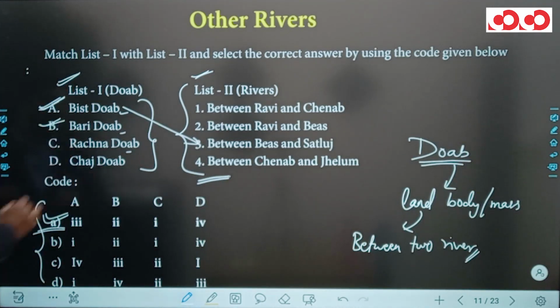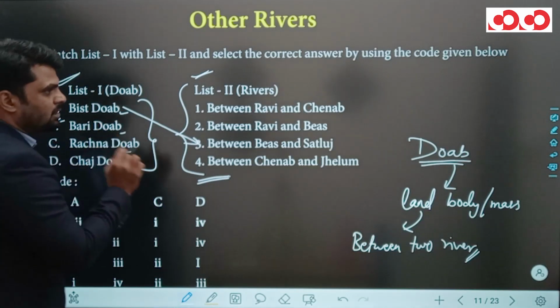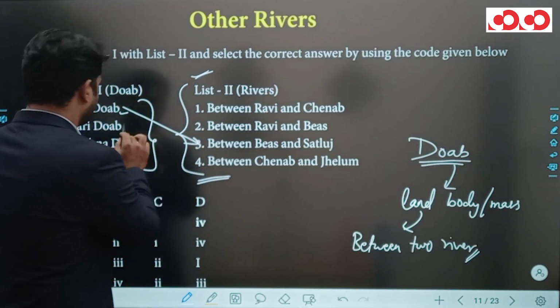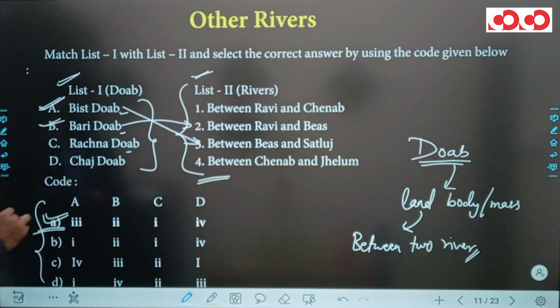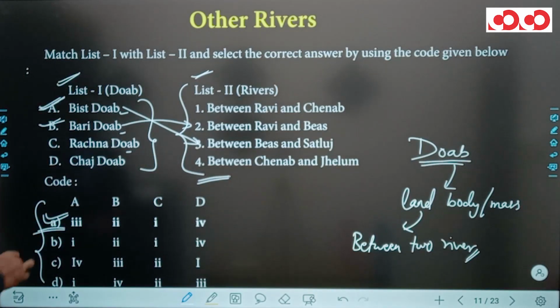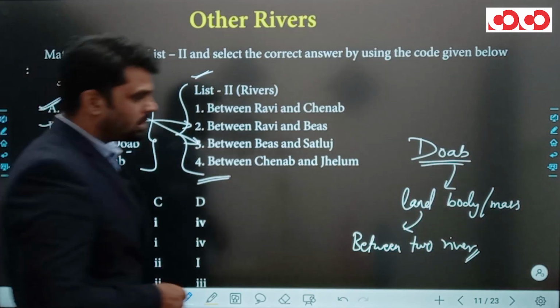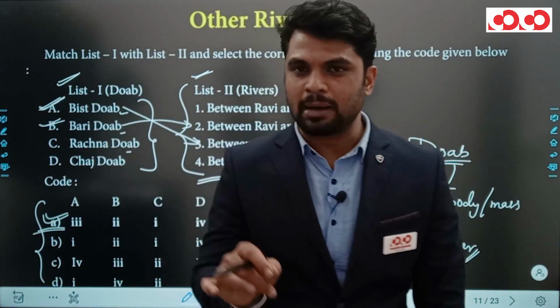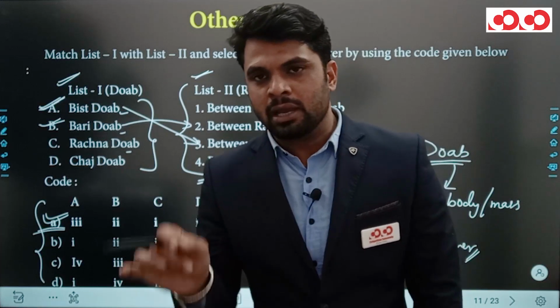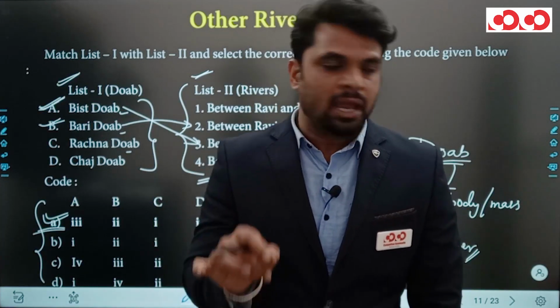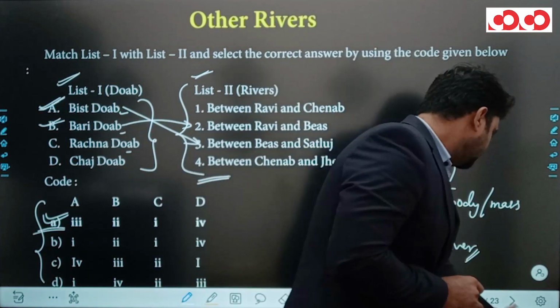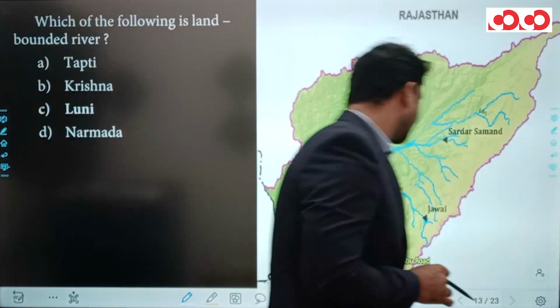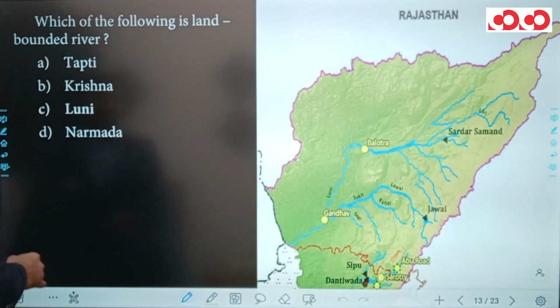For Bari Doab, Beas and Ravi river, so B goes with 2. So the right answer of this question is option A. It is a very easy question. You just have to remember the names of doabs, the land masses between two rivers, and you can easily solve these questions. Okay, let's come to the next question.